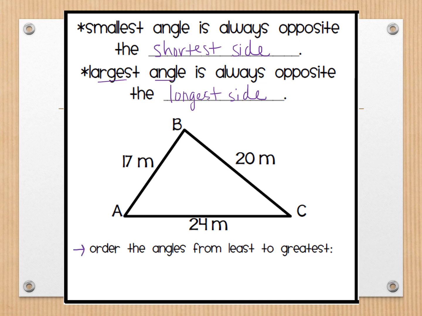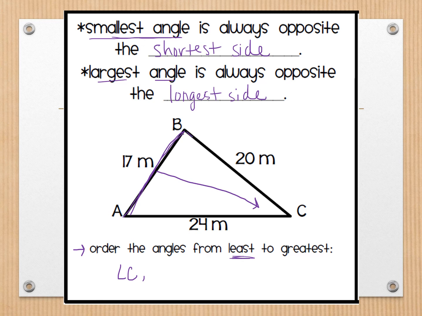So now this is how you might see some questions. Order the angles from least to greatest. Based on this triangle, we want to order them from least to greatest. If I'm trying to find the smallest angle, we know that the smallest angle is opposite the shortest side. So what side is the shortest? Hopefully you're thinking AB is my shortest side. So the smallest angle better be angle C. Now the next smallest angle would be across from the next shortest side.